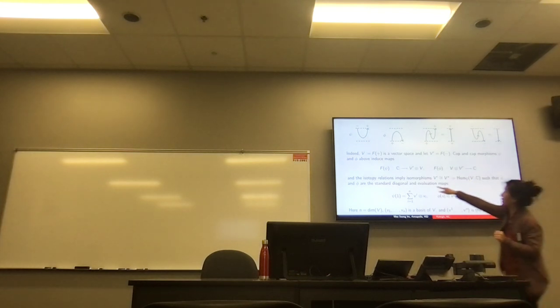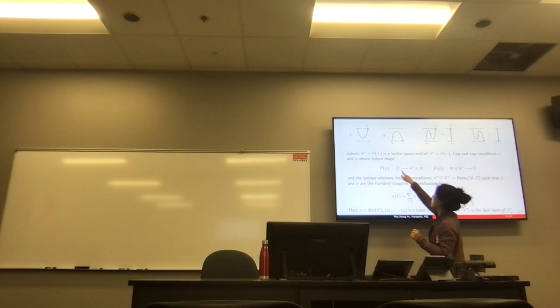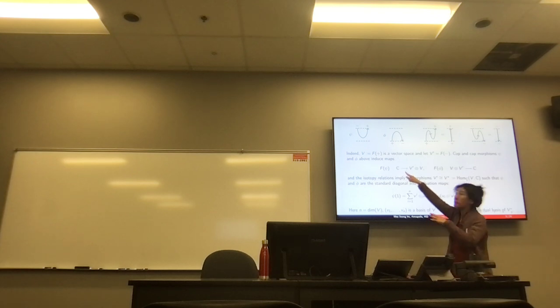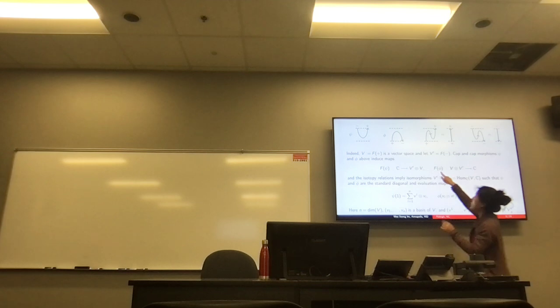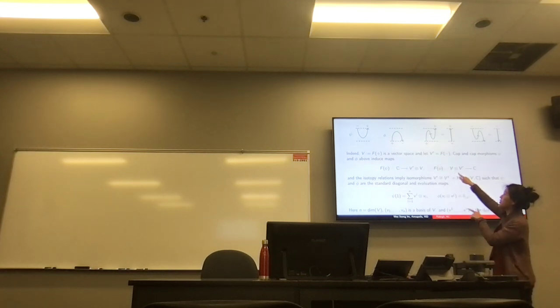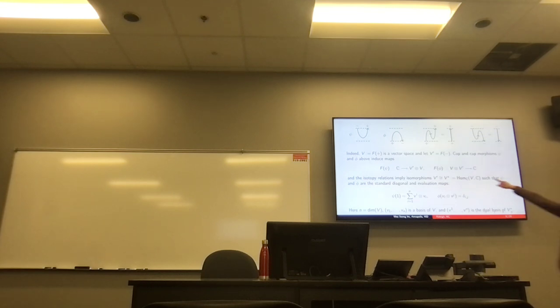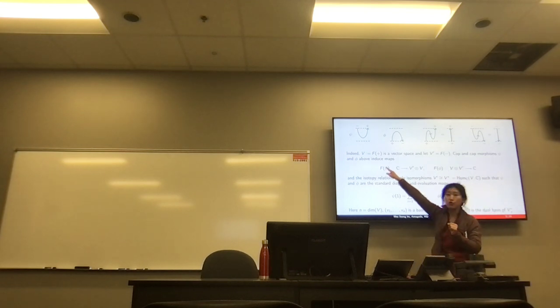When you apply the functor F to this cobordism psi, this is really a map from the complex numbers, the base, to V prime tensor V. And when you apply the functor F to this other cobordism, it's really a map from V tensor V prime to the complex numbers. So these cup and cap morphisms induce these maps, and the isotopy relations, these two, imply that V prime is actually isomorphic to the dual of V.